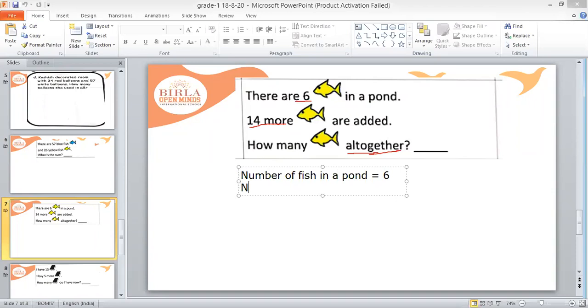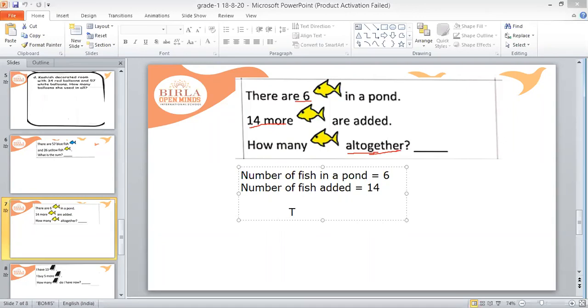So number of fish added equal to how many? 14. Okay. So number of fish in a pond equal to 6 and number of fish added equal to 14.